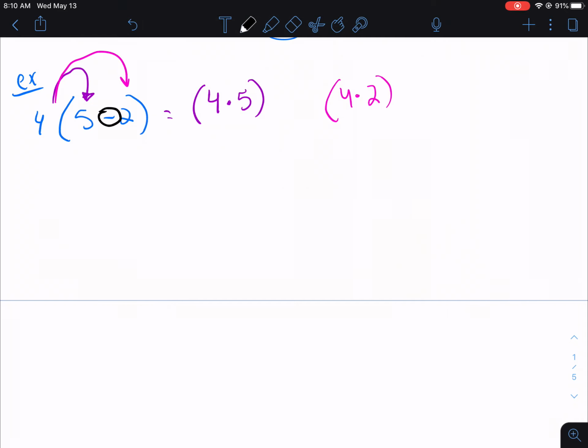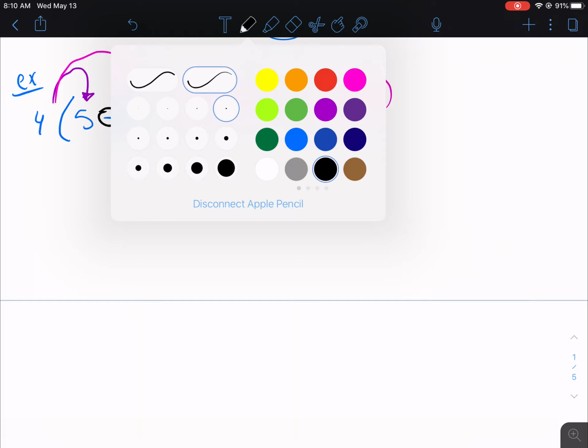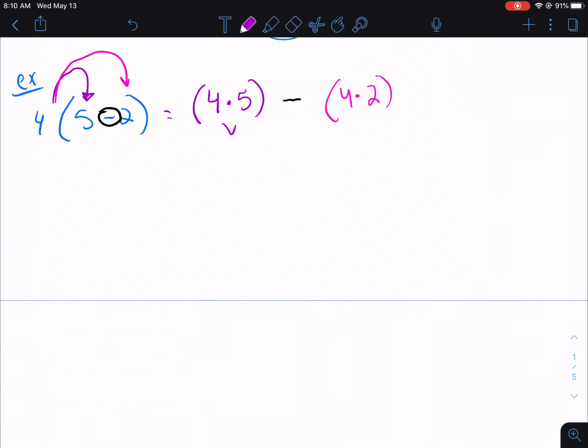It is minus, so I'm going to subtract. Estoy restando. 4 times 5 is 20, minus 4 times 2 is 8. 20 minus 8 is 12. That is your answer.